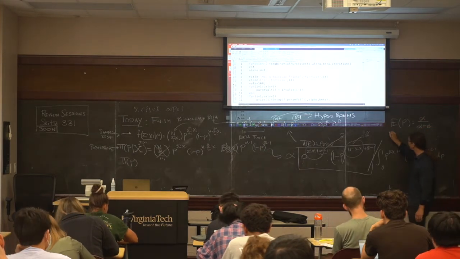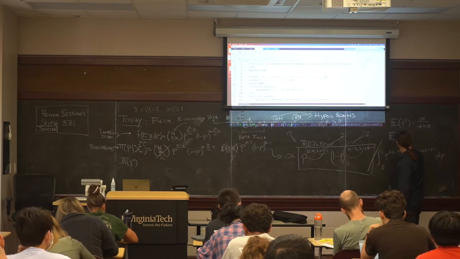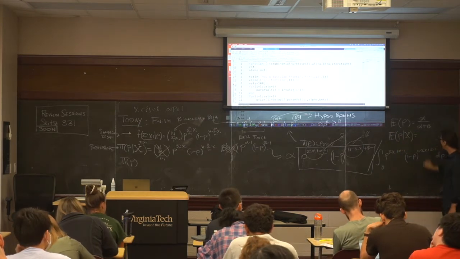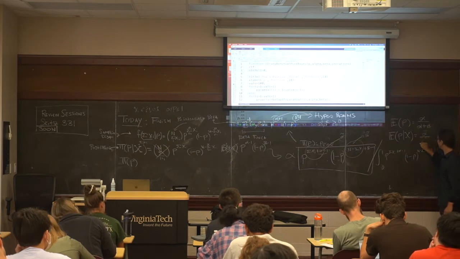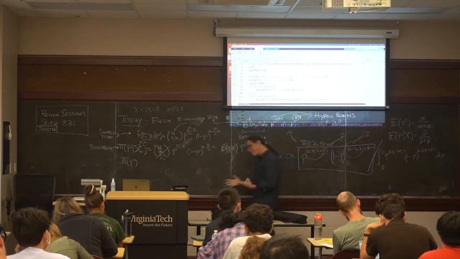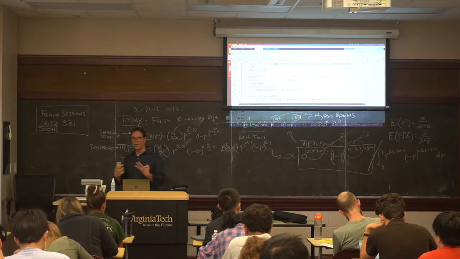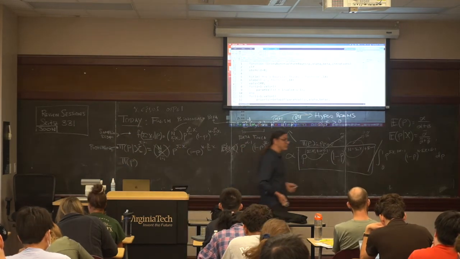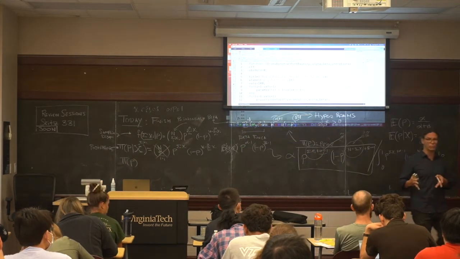Our posterior expectation is updated, given the data, and it's alpha tilde over alpha tilde plus beta tilde. So same forms. If I know properties of my prior, I know the properties of my posterior, because they live in the same distributional family.